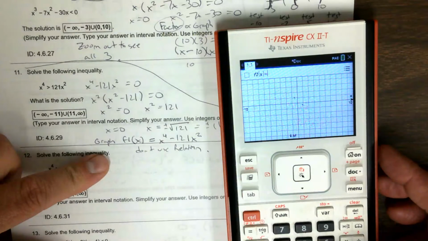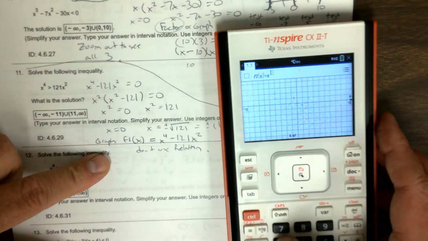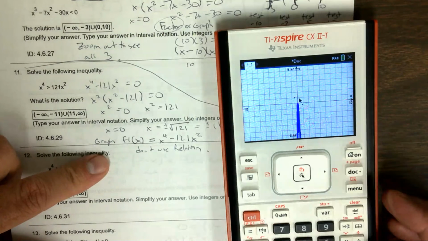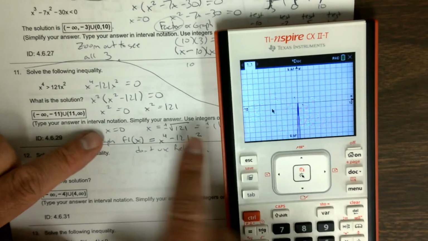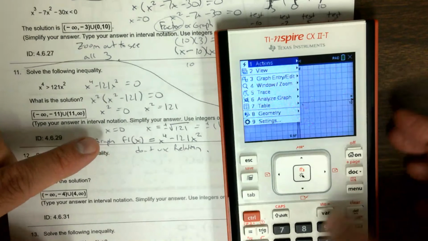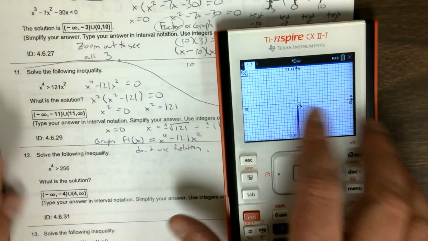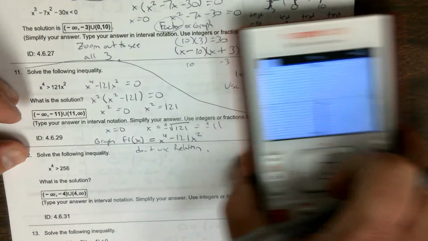X up arrow 4 minus 121x squared. Okay, so the 11s are not going to show up, so we've got to zoom out a little bit. And so now you see them.